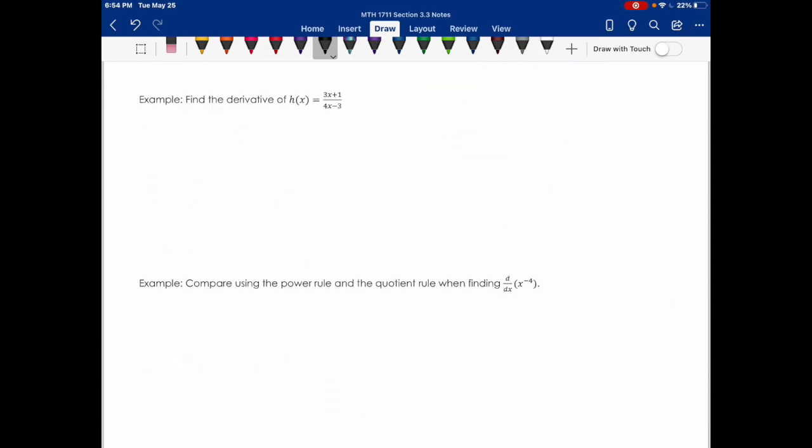Okay, let's do another example just to practice. I have another function where it's the quotient of two other functions. So I'm going to let f of x be the numerator function, which is 3x plus 1. And I'm going to let g of x be the function in the denominator, which is 4x minus 3.